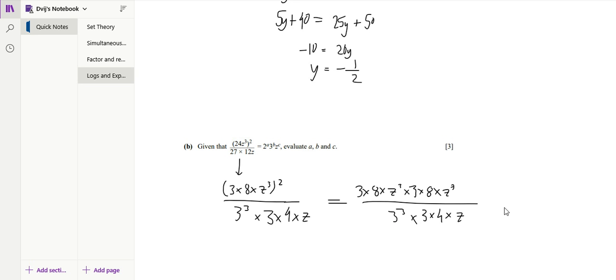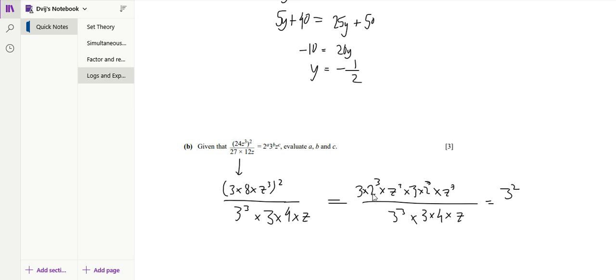So if we just simplify the top, 3 times 3 is just 3 squared. So 3 squared times, we can change 8 to 2 cubed. So let's erase the 8 here, and change the 8 into 2 cubed. Cool.